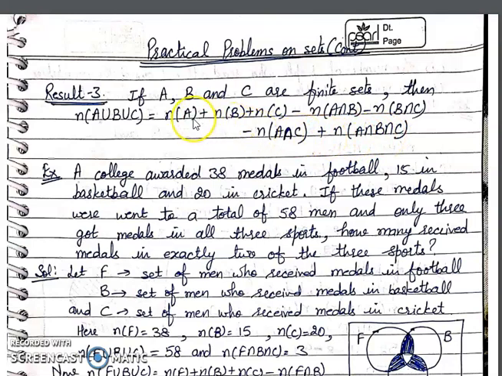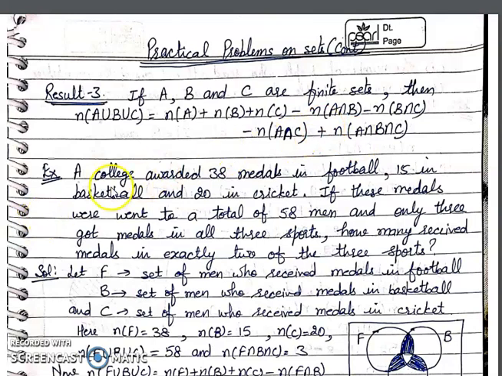Clear? So first we add the number of elements of one set, then subtract the intersection of two, and then add the intersection of all three. With the help of this formula, now we do some questions.